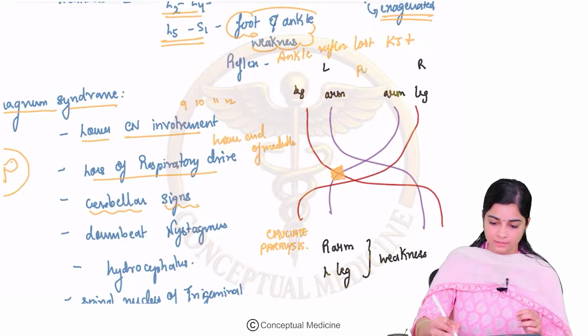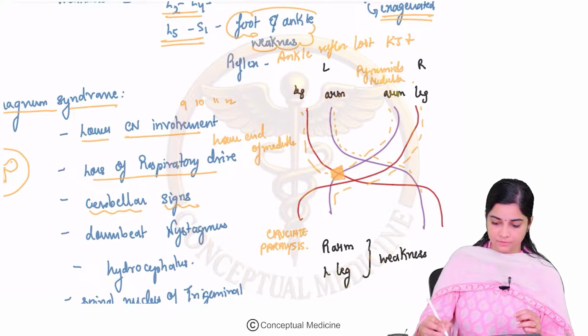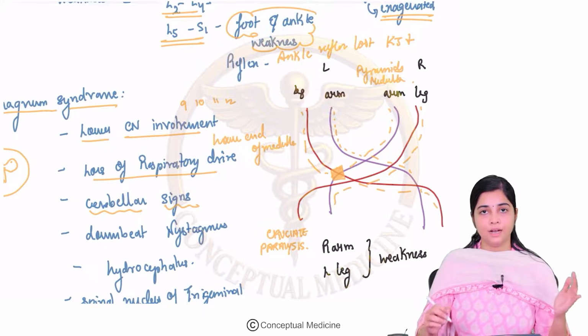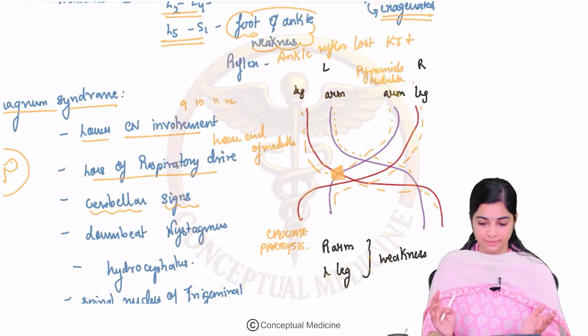So this is in your pyramids in the medulla. Okay. So you can see that the fibers of the arms cross this way and the fibers of the leg cross more laterally. So the fibers which are going to supply the arm cross medially, fibers which are going to supply the leg cross laterally. Okay.